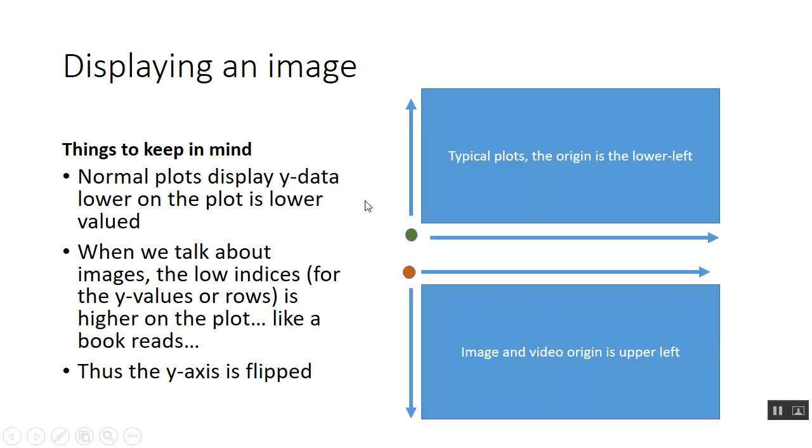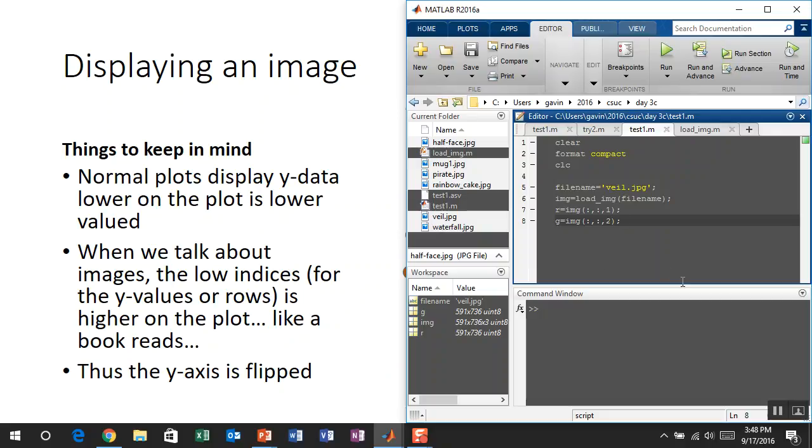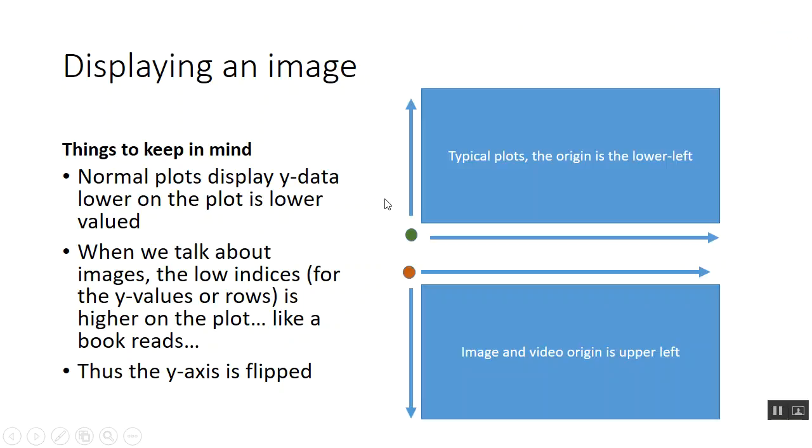So I want to point something out real quickly that image already does for us. Basically, when we talk about a typical plot, the origin is in the lower left corner, and so higher numbers get plotted higher, larger numbers on the x-axis get plotted to the right.